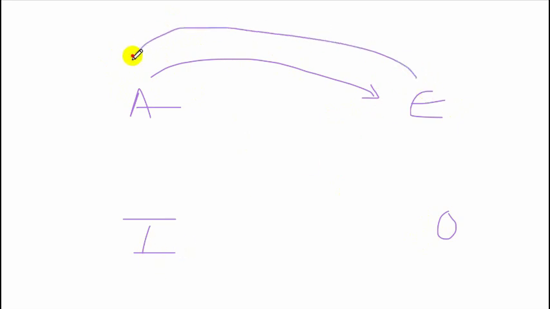In obversion, A gets converted to E proposition. That is, if we have an A proposition and we want to do obverse of it, we have to write it in E proposition. And if you want to do obverse of E, we have to write it in A proposition. I'll give you an example.